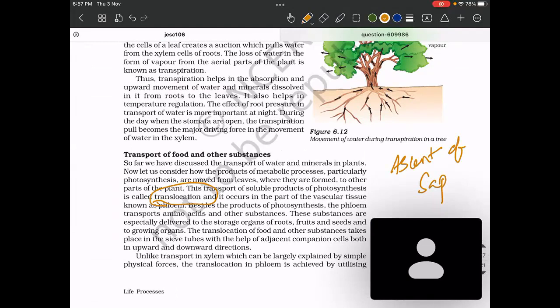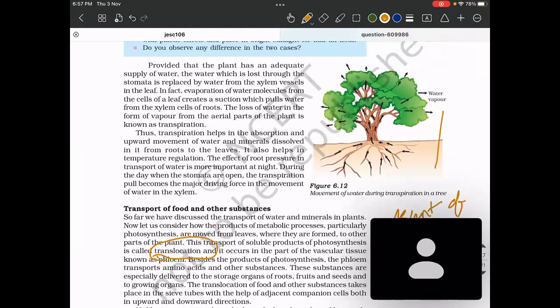It's the process through which water enters the plant through the roots and goes upwards. Yes. Water from the root to the top of the plant is called ascent of sap. And the food produced here being moved to all parts of the plant is called translocation. Okay, just keep things in mind.